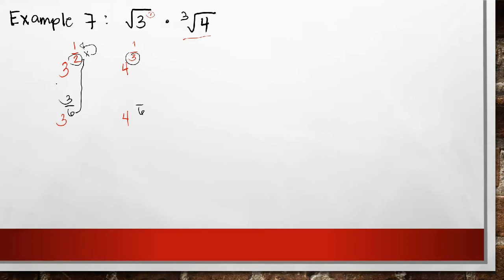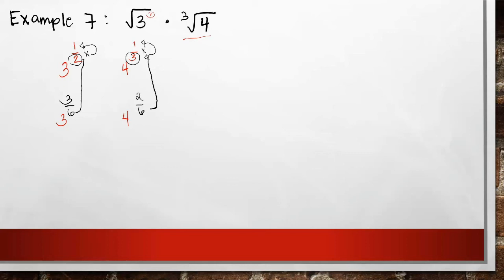Next, for our second fractional exponent, we divide 6 by its original denominator. 6 divided by 3 is 2. Then multiply it by the numerator, which is equal to 2. Therefore, this is the new fractional exponent.